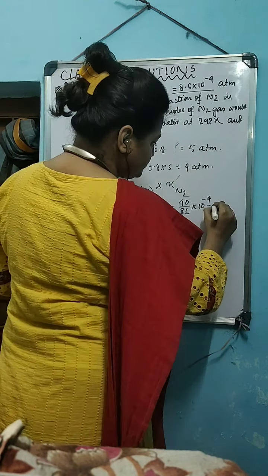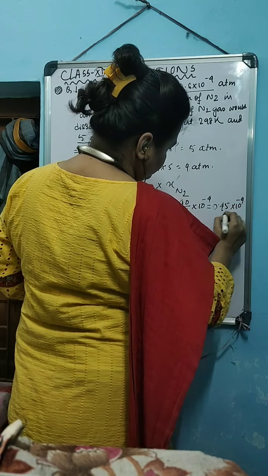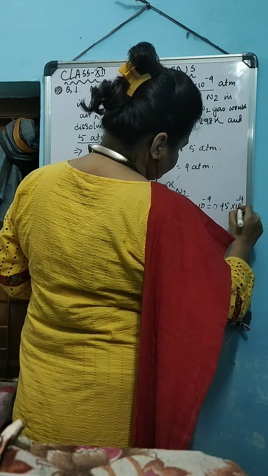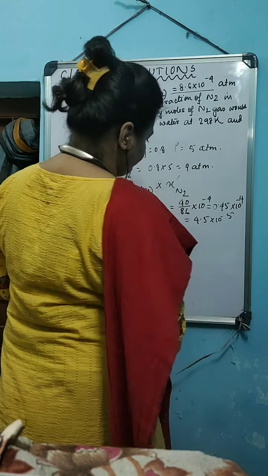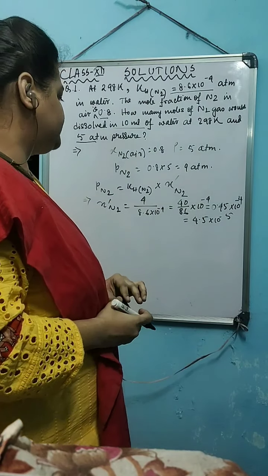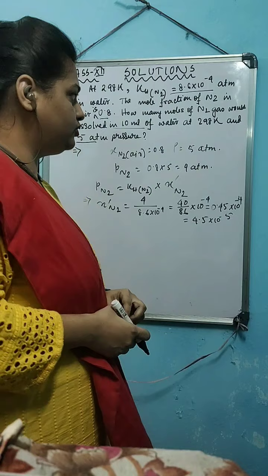This will produce almost 0.45 into 10 to the power 4. You can adjust this value to 4.5 into 10 to the power minus 5. atm and atm will cancel each other out, producing a unitless quantity, as mole fraction is also a unitless quantity.